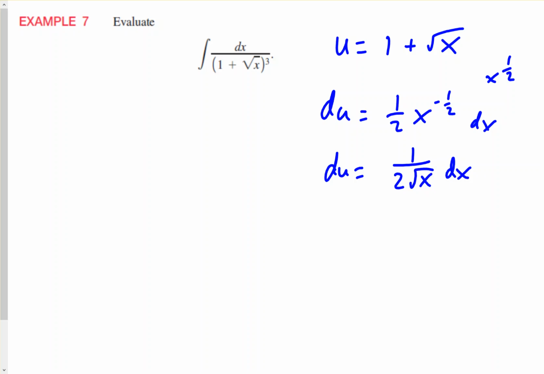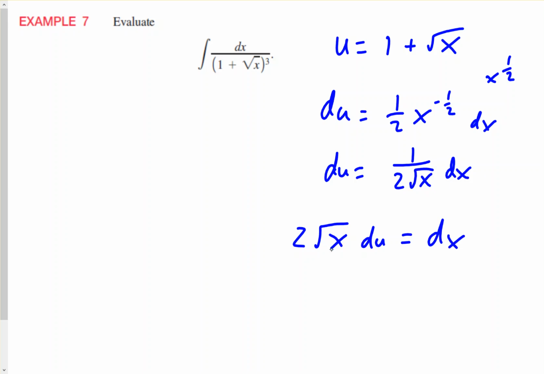Right? So we're going to have to do a little fancy substitution here. Let's see, we have dx. If I solve this for dx, that means I can multiply both sides by 2 radical x. So I have 2 radical x du equals dx.